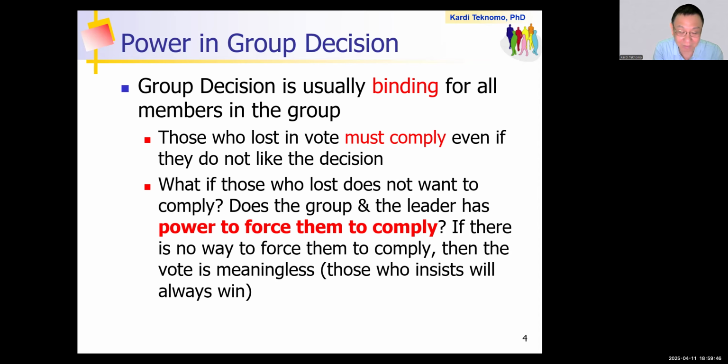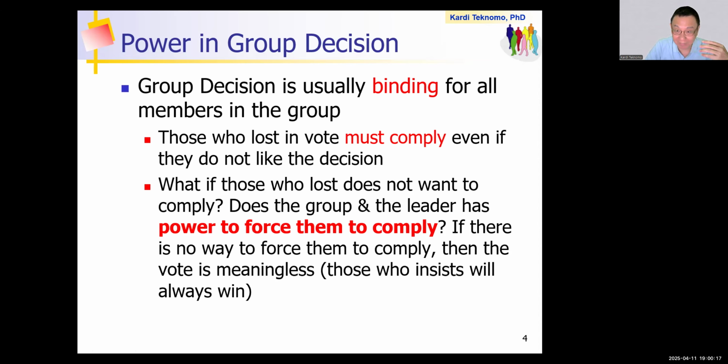The same in the country, you have group decision to select your government officer or your president. So whether you like it or not, if the majority, or based on the rule of the voting, win, then you must comply. Now the question is, what if those who lost do not want to comply?